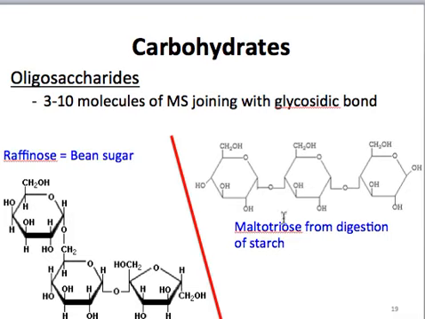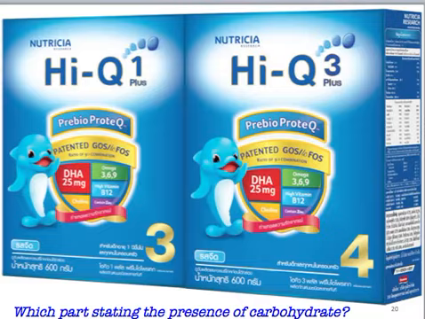Maltotriose, an oligosaccharide composed of three units of glucose, is mainly found after digestion of starch. Moreover, certain oligosaccharides are found to be beneficial to gut microflora and are supplemented in baby milk for improvement of baby development. Let's move on to polysaccharides.